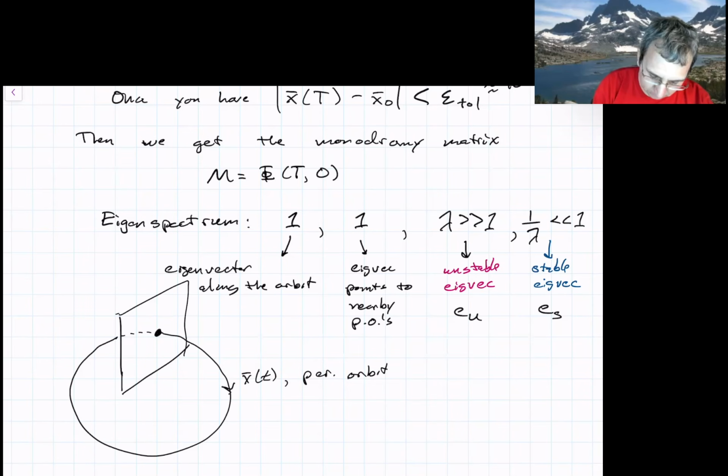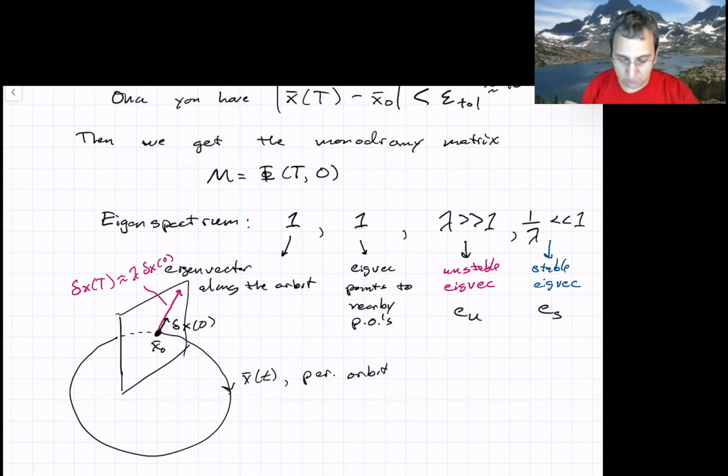I'll call this our initial condition, x bar naught. If we're along the unstable direction, then if we start with some small delta x, after we've gone around once, this is going to grow. It'll be in that same direction, but now this will be delta x after time t, approximately lambda times delta x at time 0.